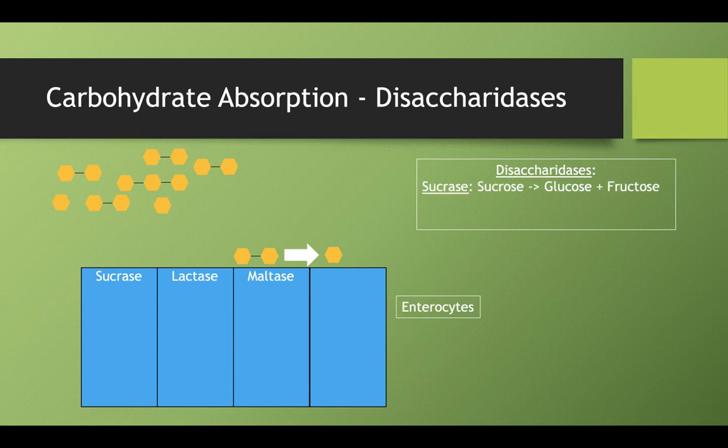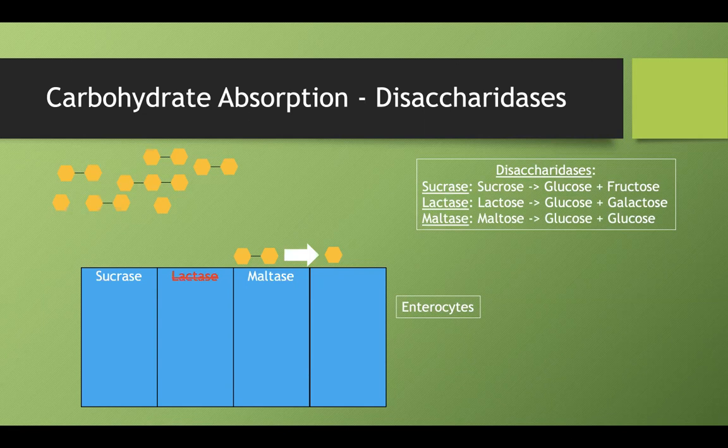So first off, we have sucrase, which can break sucrose into glucose and fructose. We have lactase, which breaks down lactose into glucose and galactose. And another important enzyme is maltase, which can break down a maltose disaccharide into 2 glucose monosaccharides.